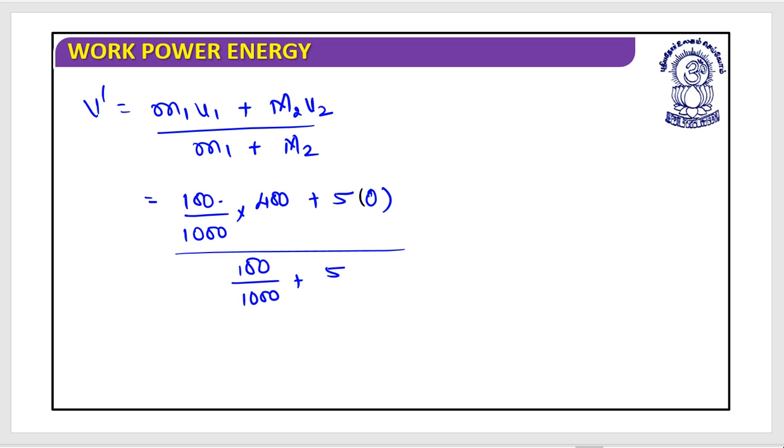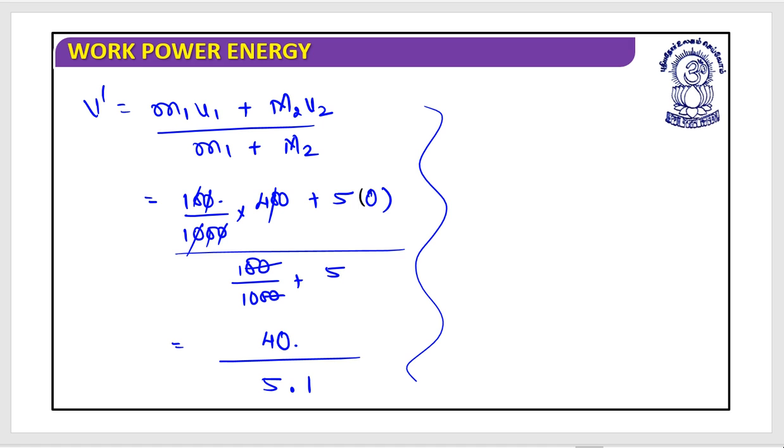So this is 1, 2, 3, and I am left with 40. This is 0, so it doesn't make any sense, this has gone. This is 1 by 10, it's 0.1. So this is 5.1. When I say it's 5.1, I must understand that v dash should be approximately 8 meter per second.